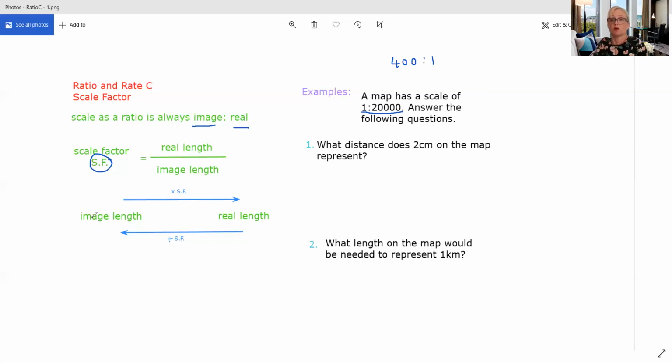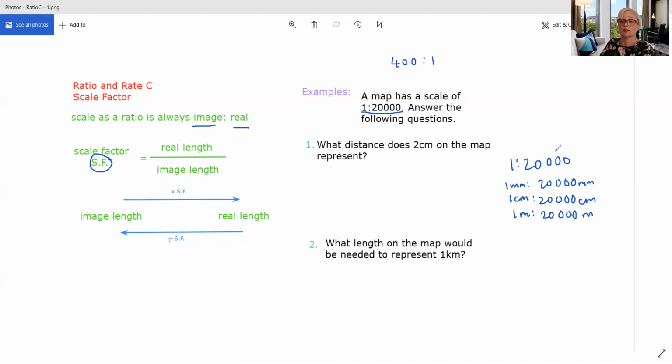Now, a lot of people get caught up with these sorts of things and they say, well, one of what? What's the unit? The unit is whatever it is, but it will be the same. So 1 to 20,000 means that 1 millimetre on the map would be 20,000 millimetres in real life. 1 centimetre on a map would be 20,000 centimetres in real life. 1 metre on the map would be 20,000 metres in real life.